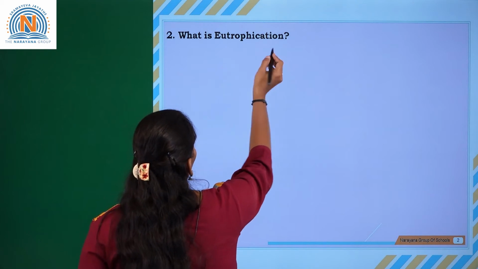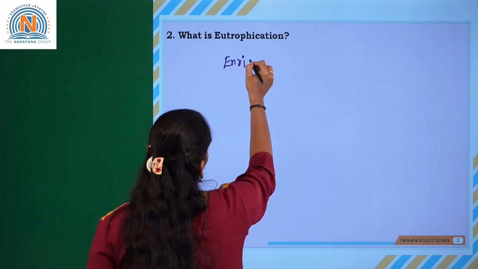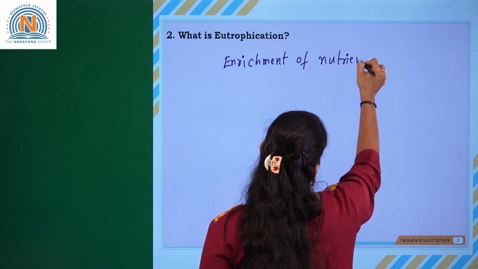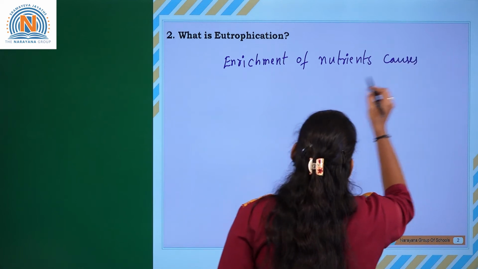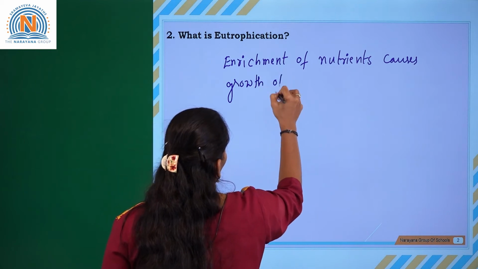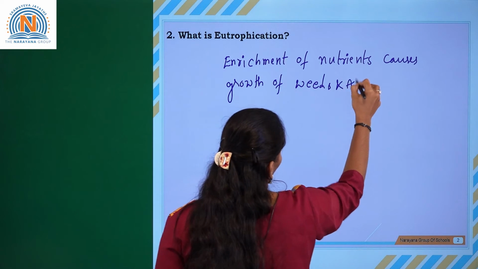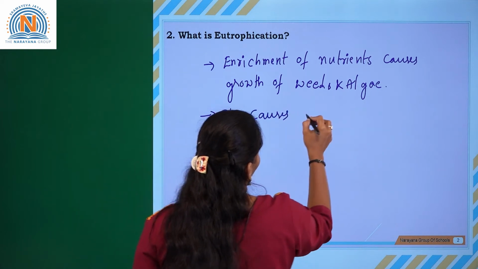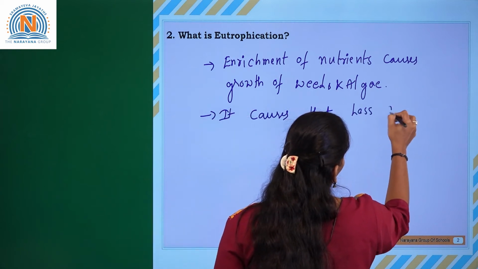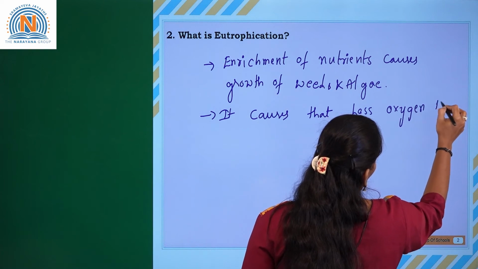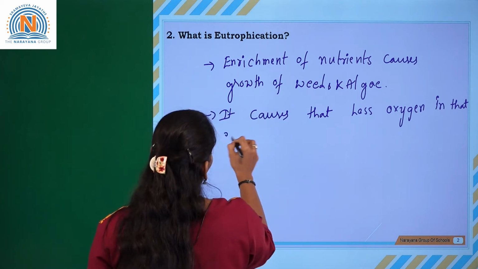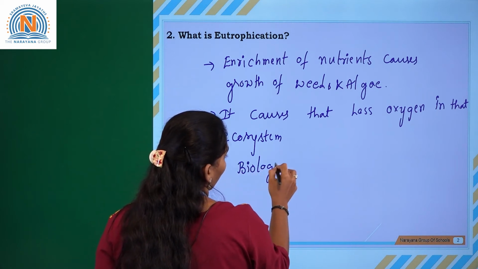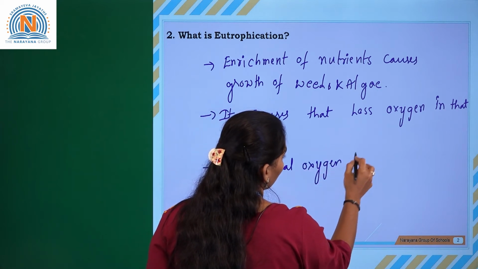What is eutrophication? Eutrophication is enrichment of nutrients, causes growth of weeds and algae, and it causes less oxygen in the ecosystem, so causing biological oxygen demand.